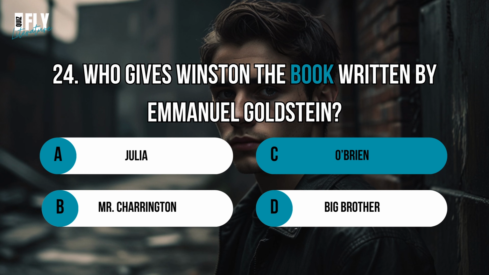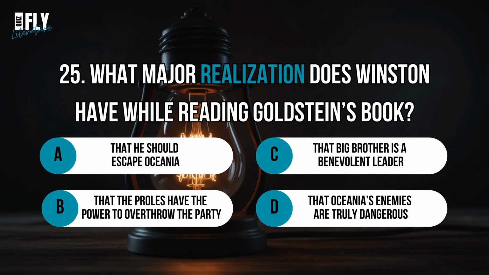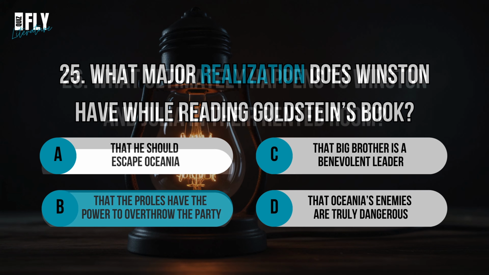O'Brien. What major realization does Winston have while reading Goldstein's book? That the proles have the power to overthrow the party.